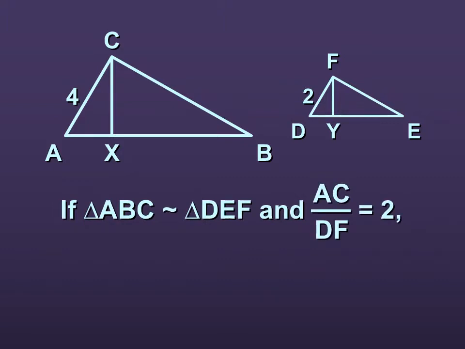The ratio of the corresponding sides, AC over DF, is equal to 2, because 4 over 2 is 2, which means the ratio of CX to FY is also 2, because the ratios are the same.